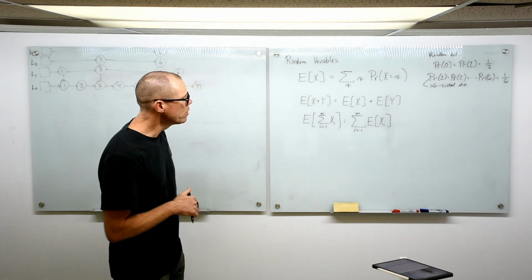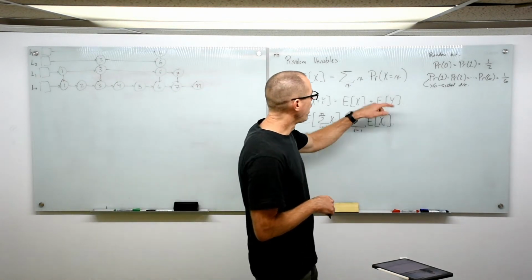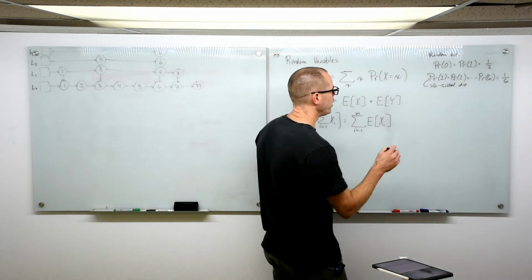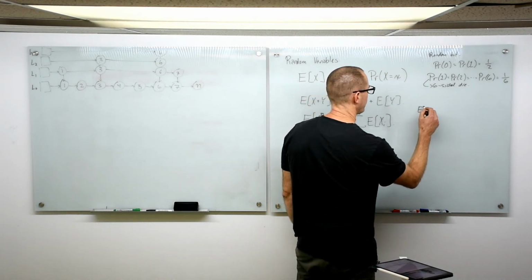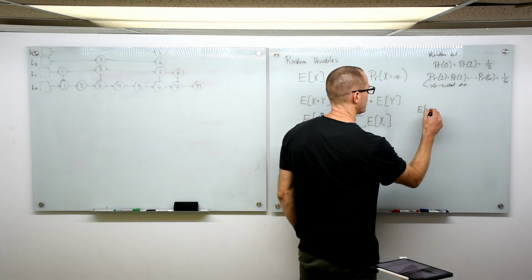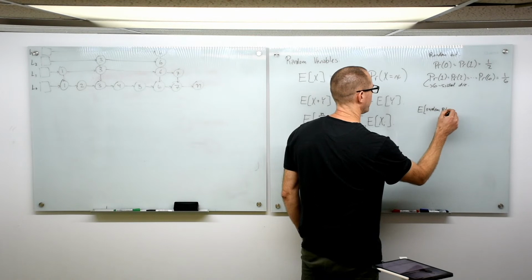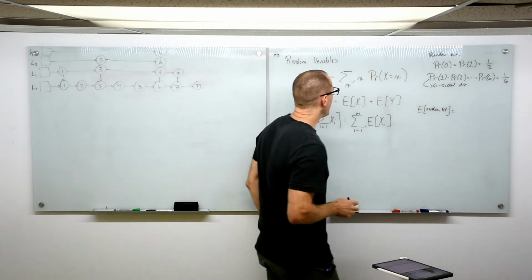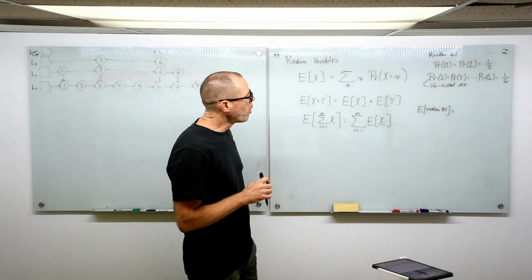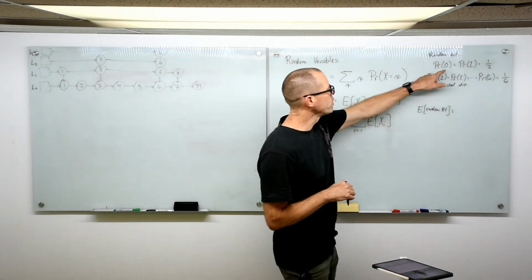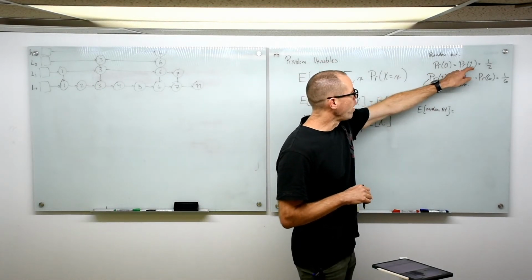Okay. So for example, if we apply this formula to a random bit, then we get that the expected value of this random bit, we have to take a sum over all the possible values that the bit can take on. Well, there's two values. There's a 0 and a 1.